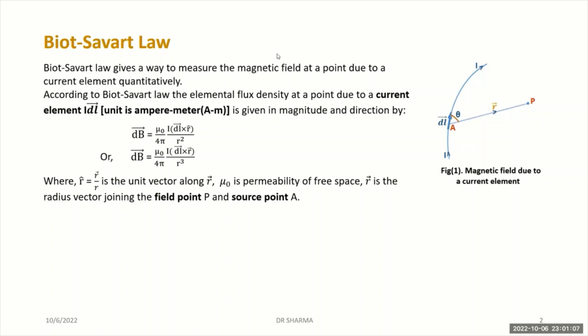Mu naught is the permeability of free space. R vector is the radius vector joining the field point and the source point. Field point is the point where we are calculating magnetic field, and the source point is the point due to which magnetic field is produced.